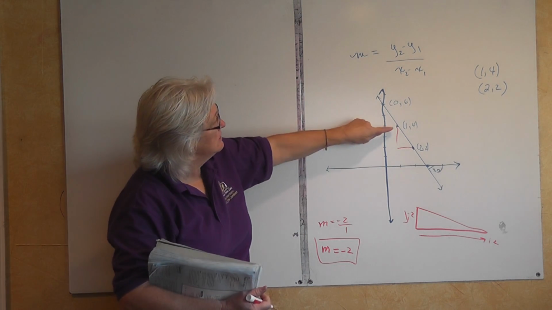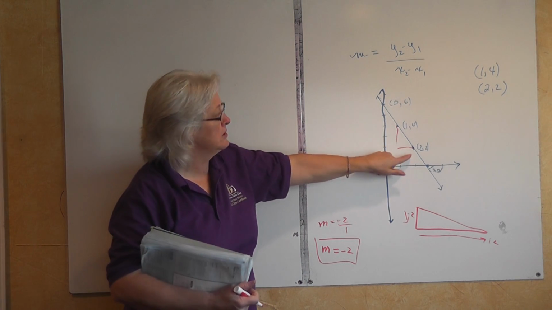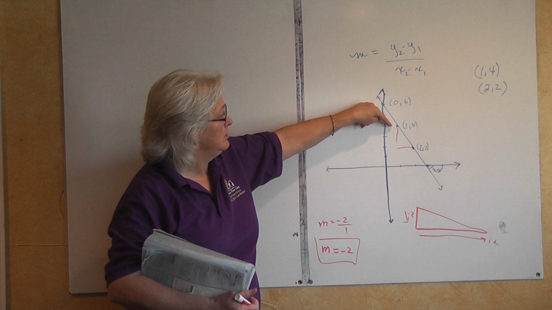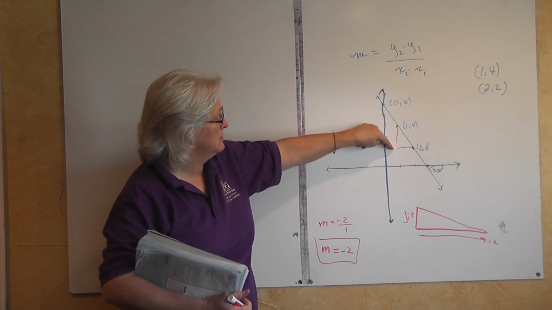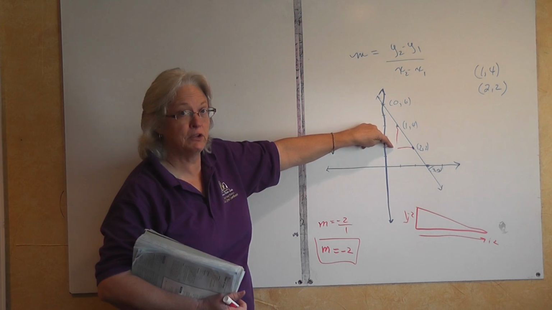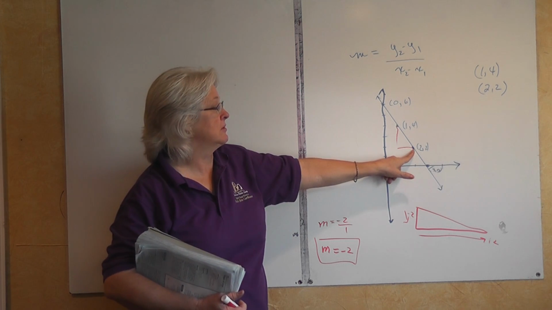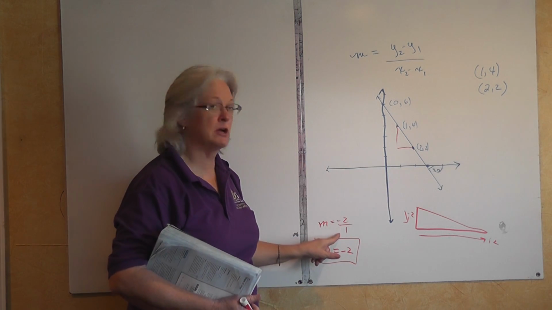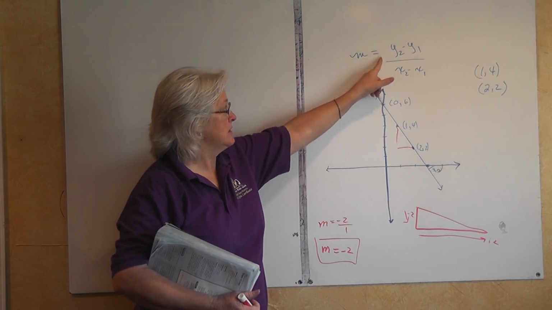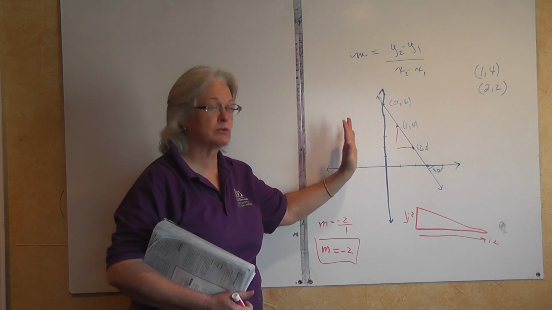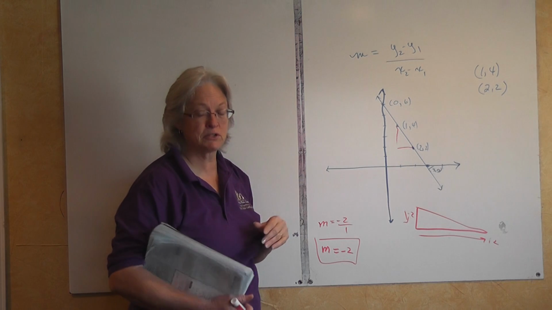To get from point 1, 4 to point 2, 2, you've gone down 2 units, which is a negative 2. You've gone over 1 unit to the right, which is a positive 1. The slope is the vertical change divided by the horizontal change.